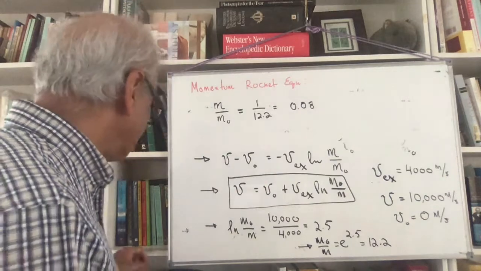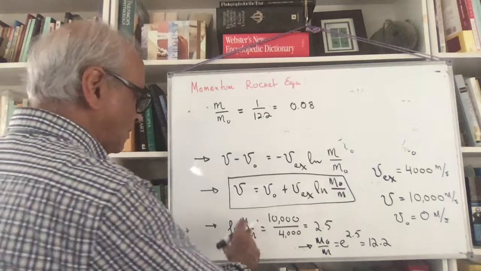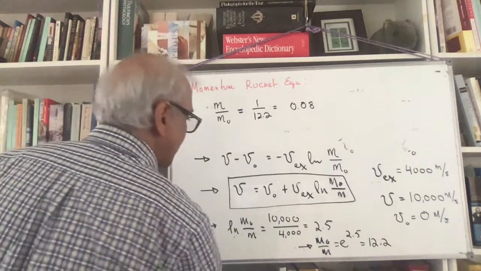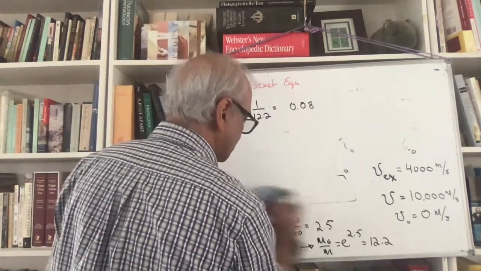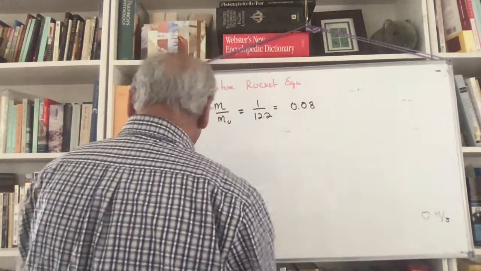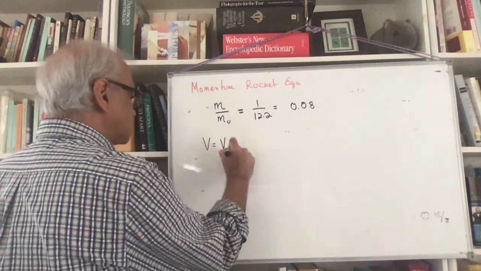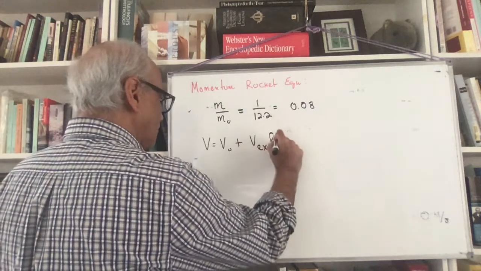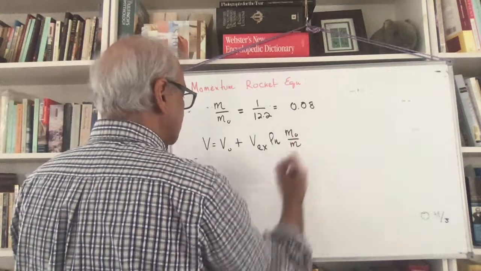So let me look at a few other things. We can do a couple more things with it. I want to rewrite this slightly differently. Let me take that equation again, which is V equals V naught plus VEX log of m naught over m, right?